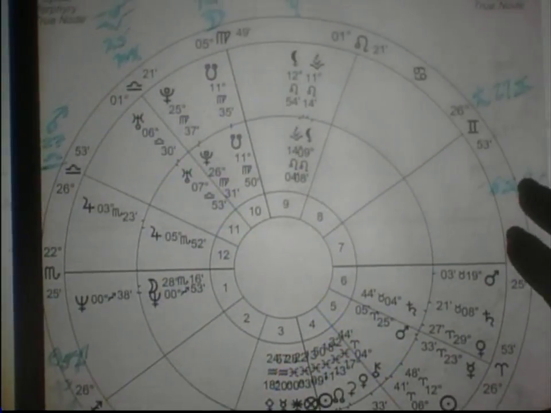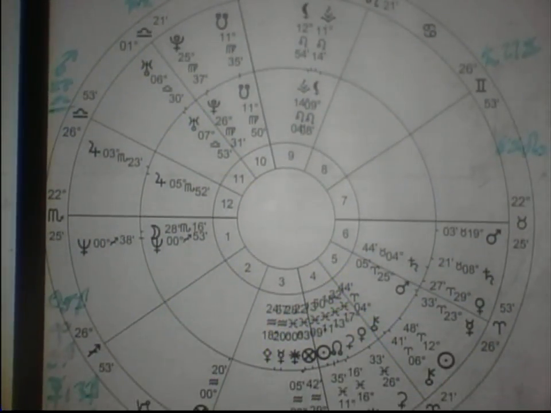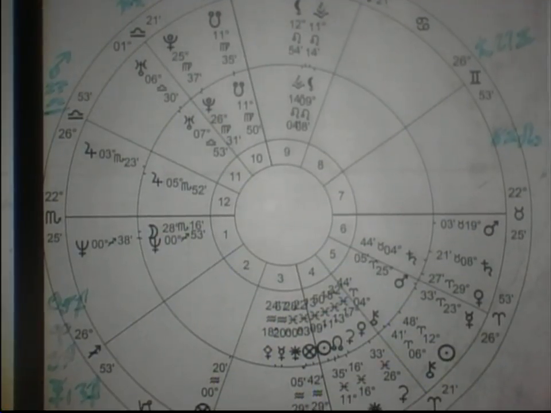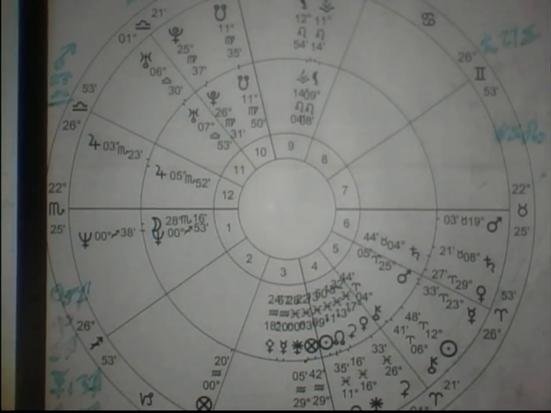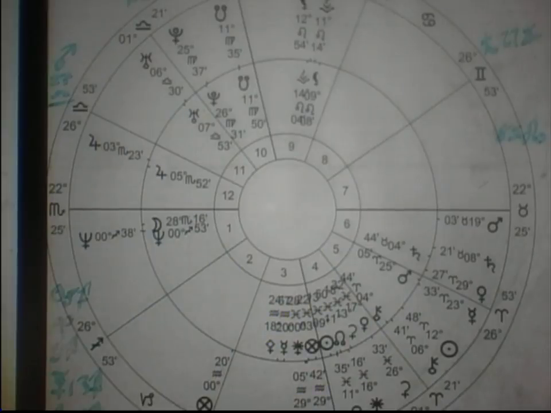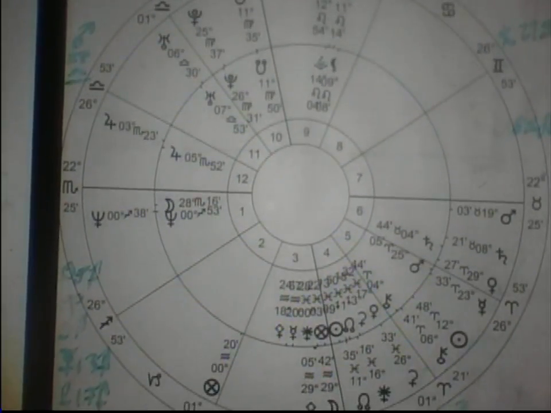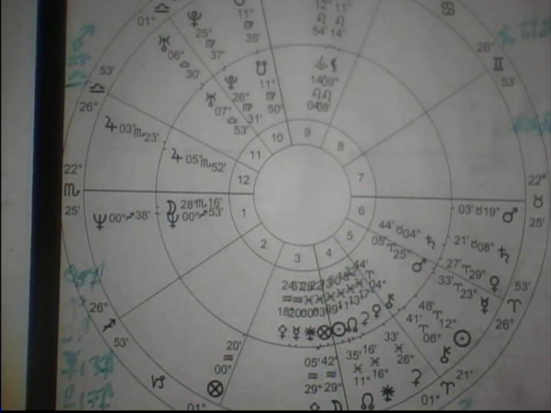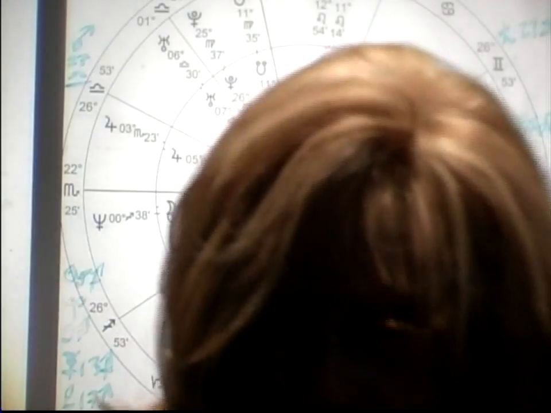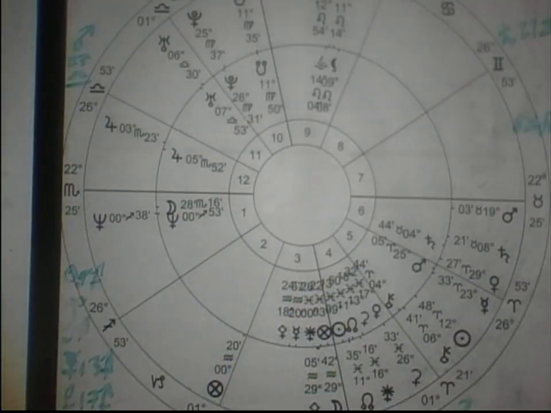Sorry, here we go. Okay, good. Here we have the natal chart with the progressed chart on the outside. And my little scribbles there are the transits that are also happening for that day.